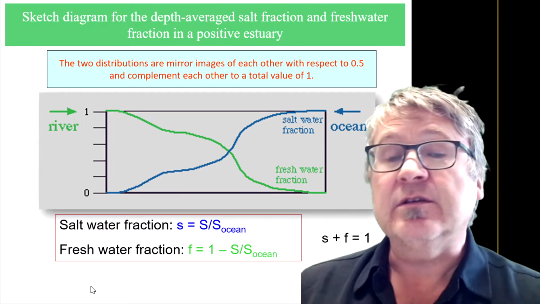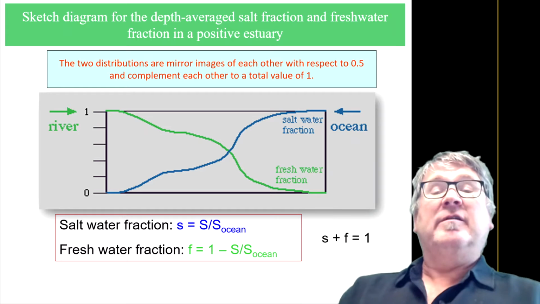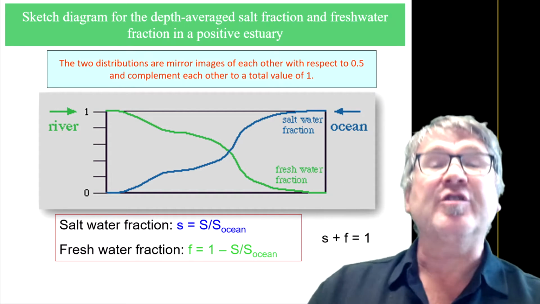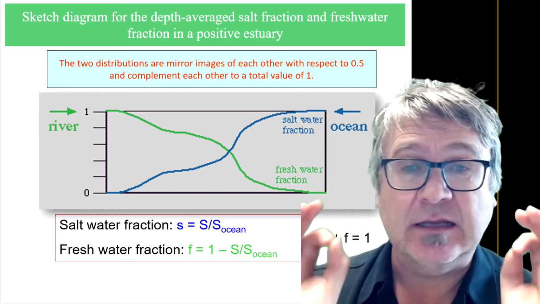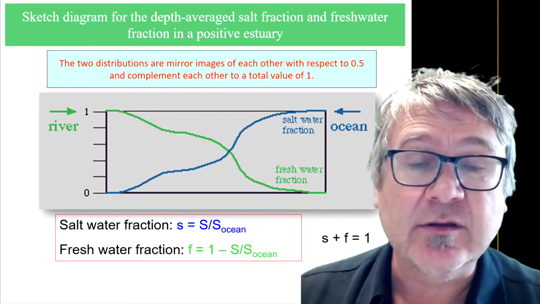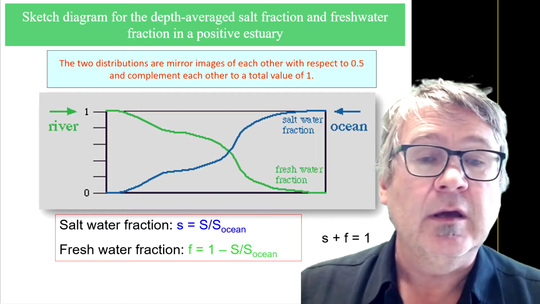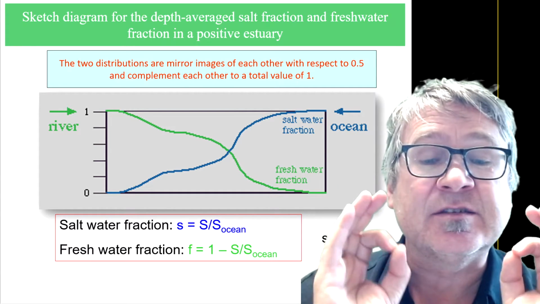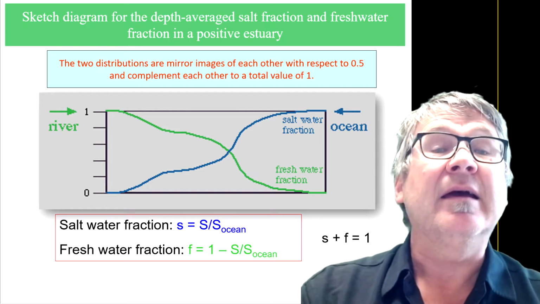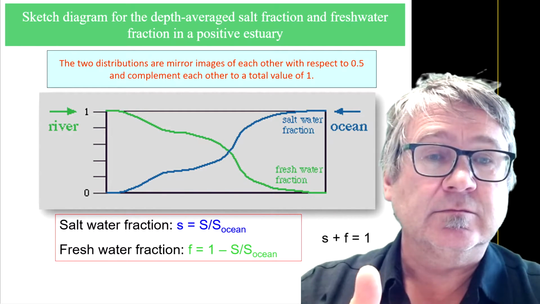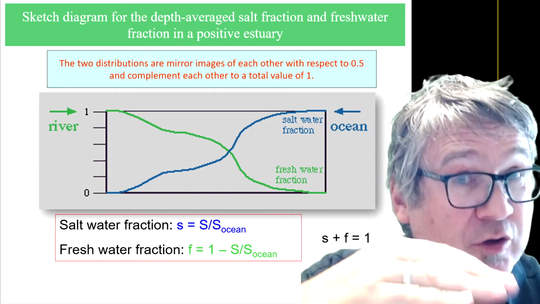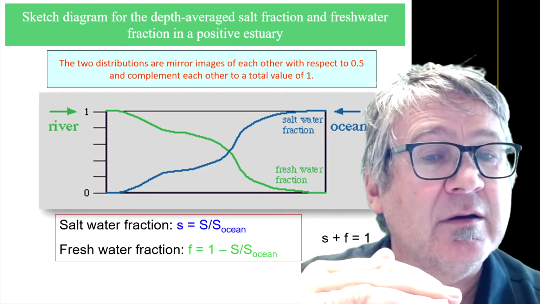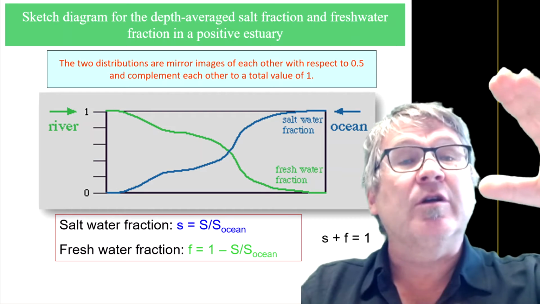Okay? So consider this example of an estuary where you have measured the salinity along the estuary, and this salinity distribution can be expressed by a salt fraction. Okay, it's the amount of seawater that contributes to your mixture, and the freshwater fraction.